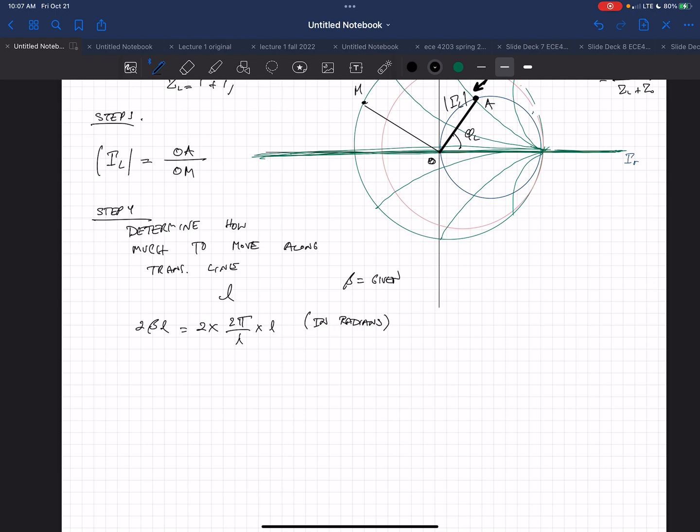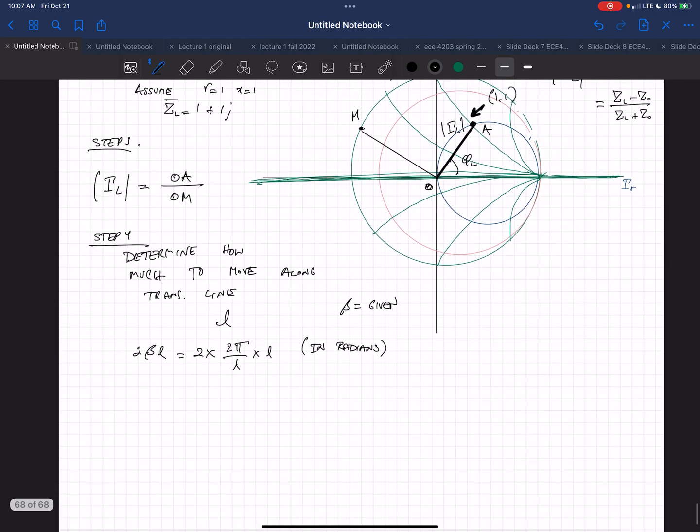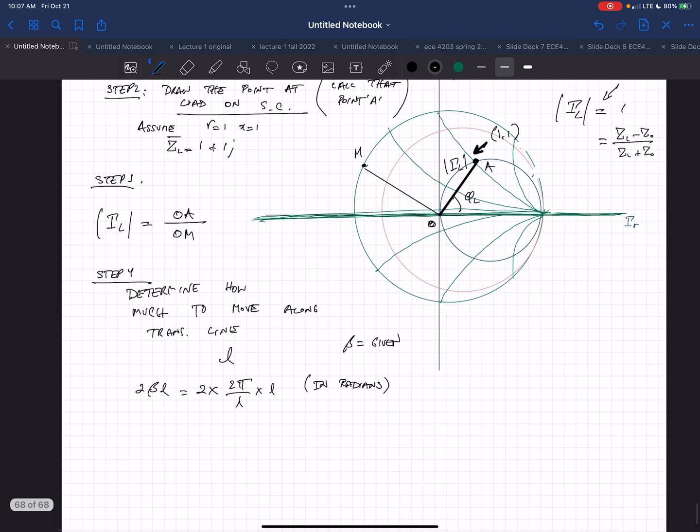So whatever that is, I'm going to move that much in a circle in a clockwise direction. So I'm going to go like that.